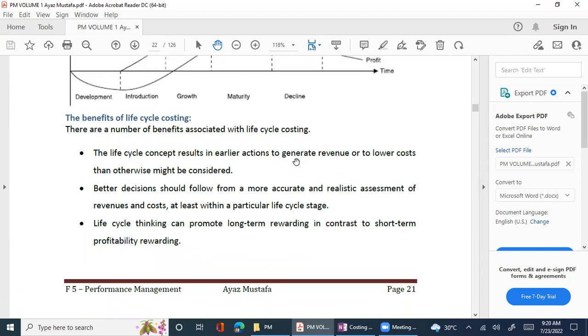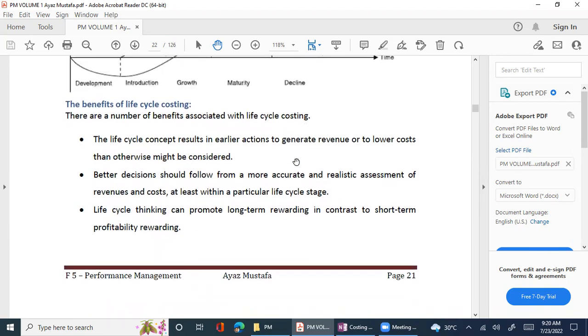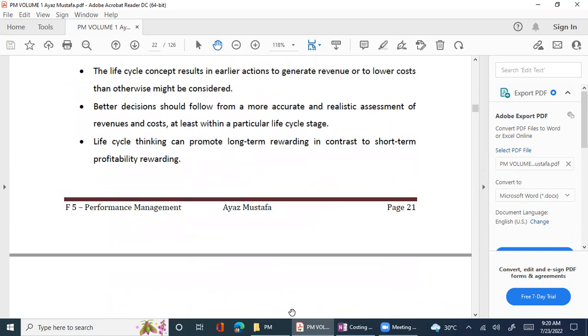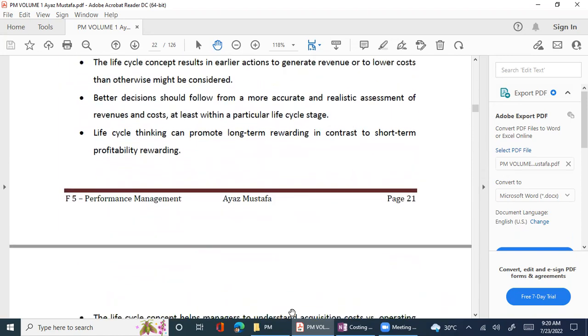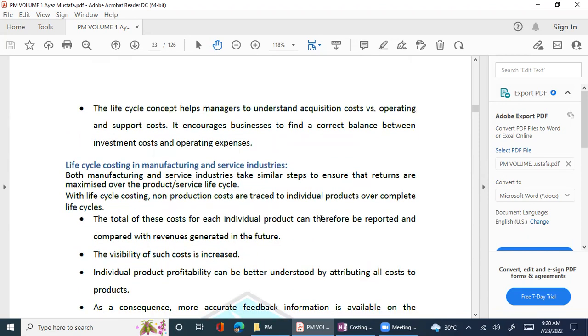What are the benefits of life cycle costing? You will read it by yourself, and you need to keep in mind these points so that if an examiner asks you regarding what are the benefits of opting the life cycle, you can write in your paper.